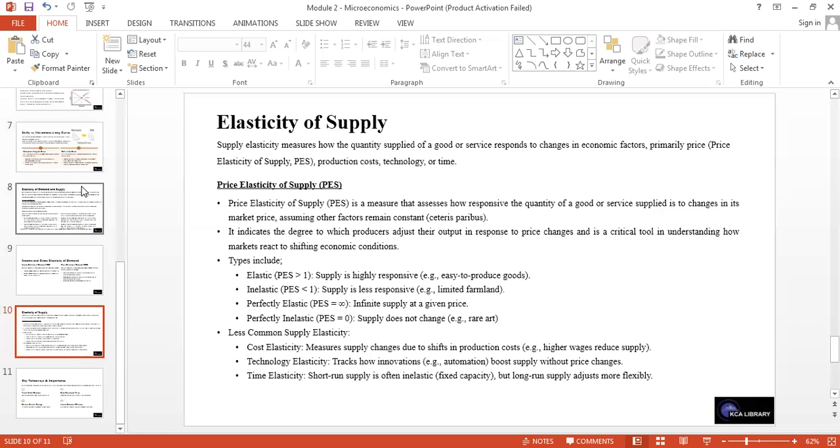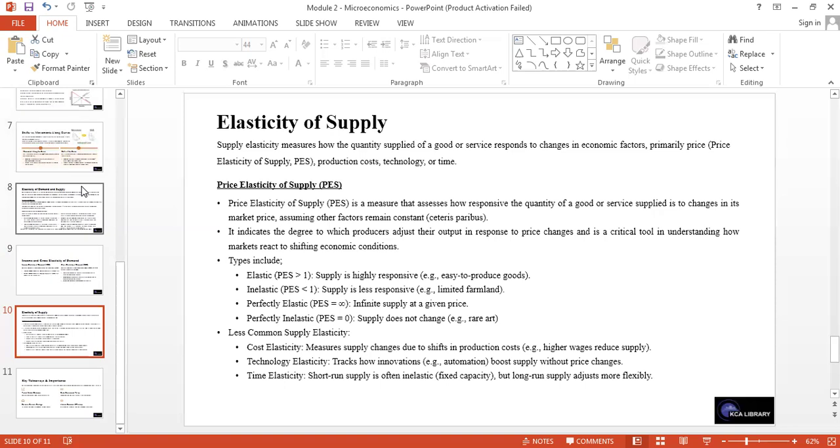We also have the elasticity of supply, just like I said. When we talk about this, it measures how the quantity supplied of a good or service responds to change in economic factors, primarily price. That is why we mostly have price elasticity of supply.